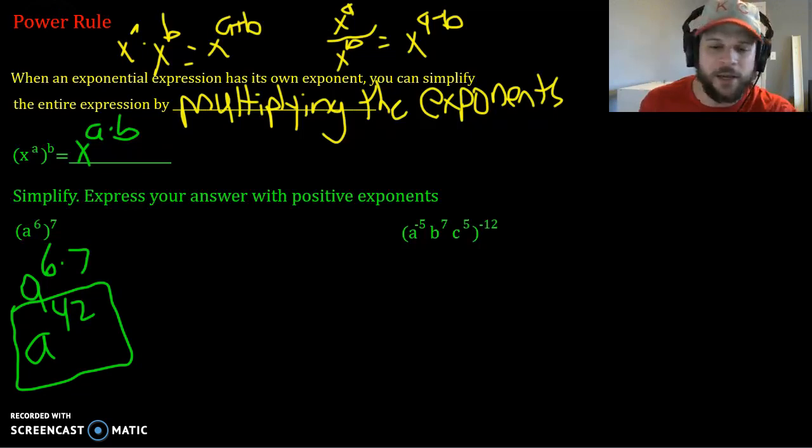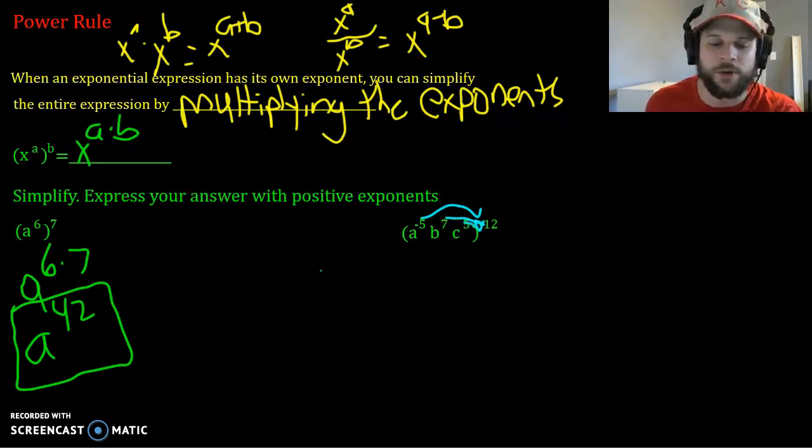Notice how none of these are the same, so we cannot combine these using our product property by adding the exponents together. What we can do, though, is take each of these exponential terms and multiply them, if you think of it similar to your distributive property, multiplying each one of these by the exponent on the outside.